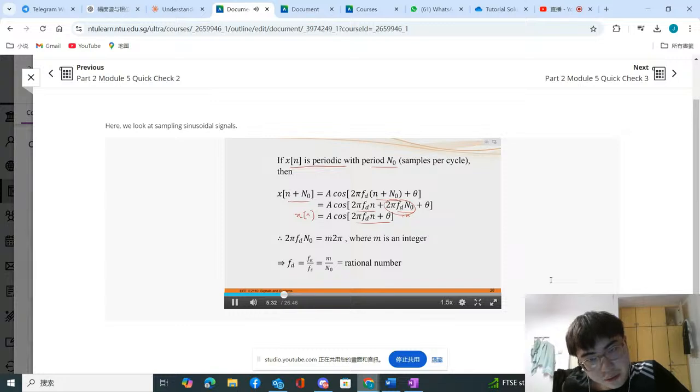So the condition for periodicity of the analog sinusoidal signal after sampling will be that 2 pi fd n0 must be equal to n times 2 pi, where n is an integer. I can remove the 2 pi, which implies that fd, the digital frequency or the normalized frequency, which is defined as fa divided by fs, must be a ratio of two integers, and therefore it must be a rational number.